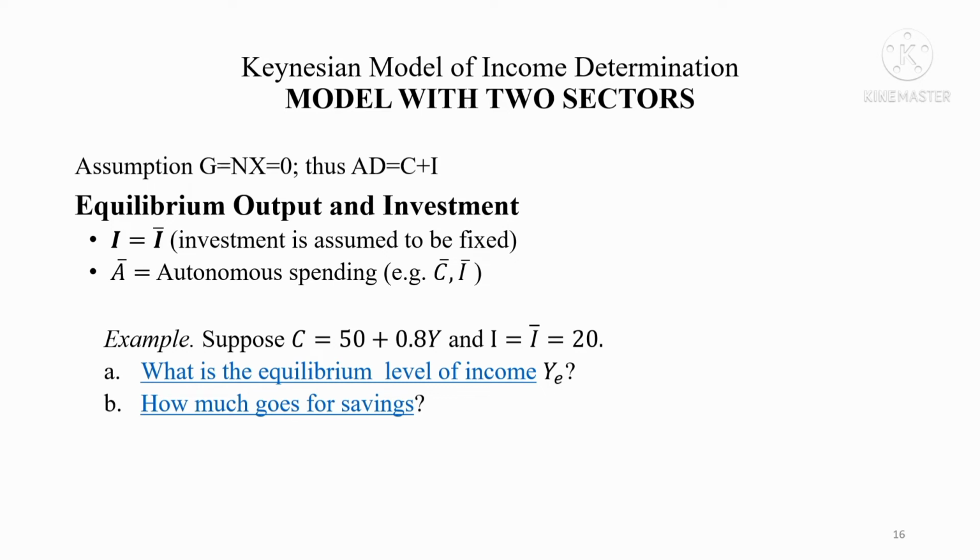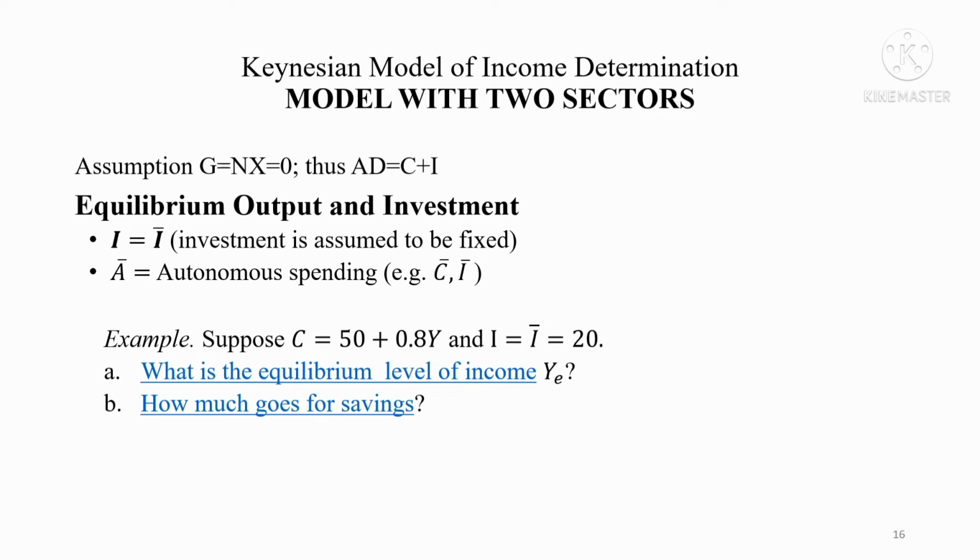Now we will discuss the model of the economy with only two sectors, the households and business firms. So this time, we will add another sector, which is the business firms. What will happen to the equilibrium level of income if the economy has two sectors?